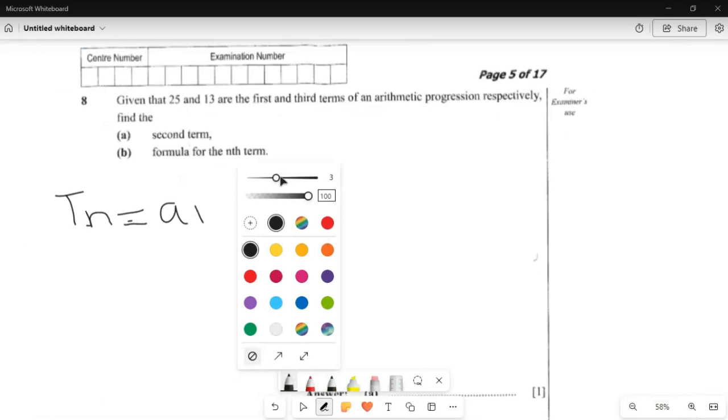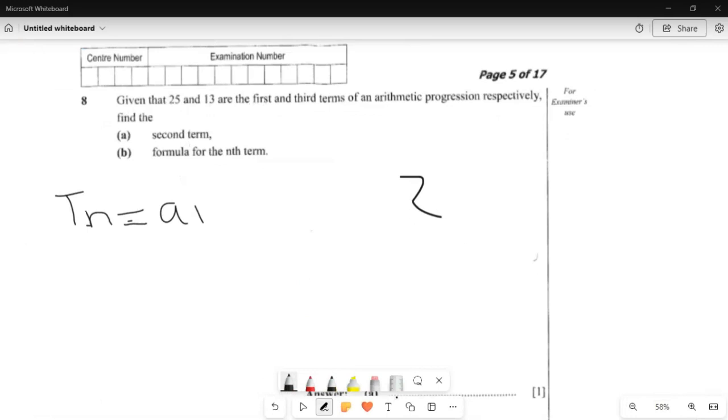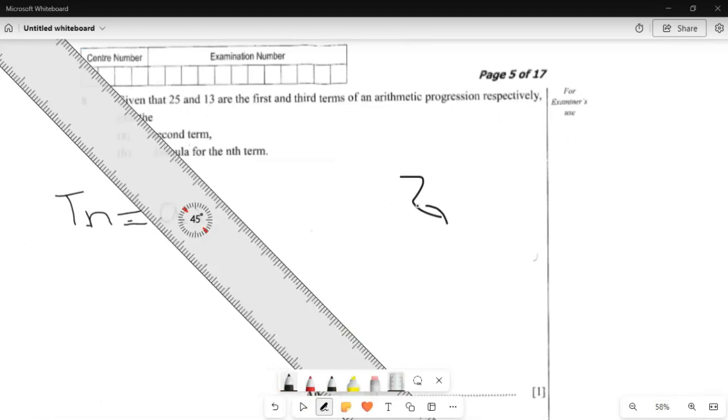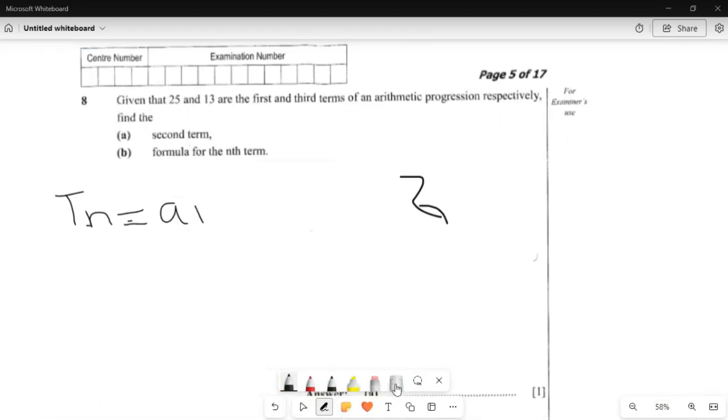I want to adjust the thickness of this. I'm going to increase the thickness. Okay, let's see how this happens. Okay, so better, we are good to go. All right, so let's restart.